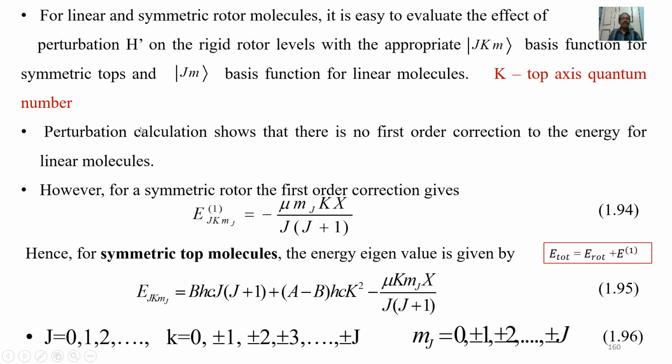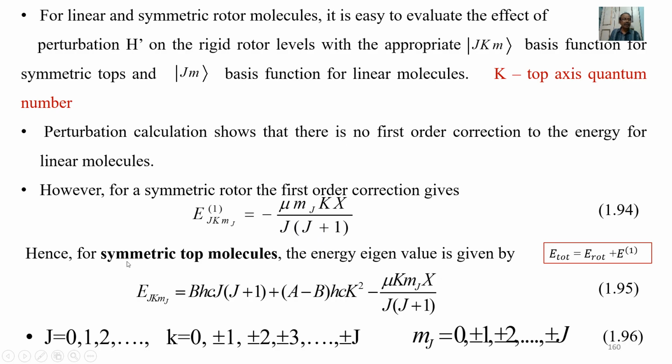Perturbation calculation shows that there is no first order correction to the energy for linear molecules. So we are not going to discuss the first order correction for linear molecules. However, for the symmetric rotor, the first order correction gives E first order equal to minus mu M_J K X divided by J into J plus 1.